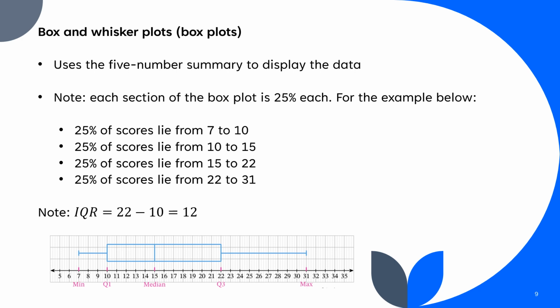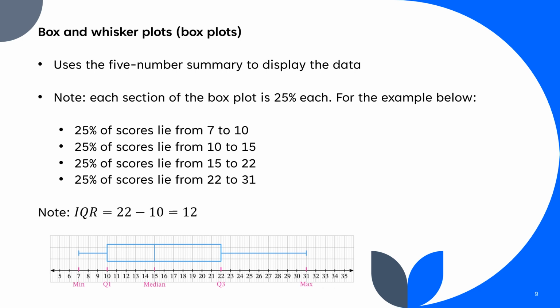So we use that 5-number summary to display the data, and as you can see down below, you've got a box and whisker. The minimum, or the lowest score, and the maximum, the highest score. Q1 and Q3 form the outer part of the box, and the median goes in the middle. It is important to note that each section of the box plot is 25%. So from 7 to 10 is 25% of the scores, from 10 to 15, 15 to 22, and 22 to 31.